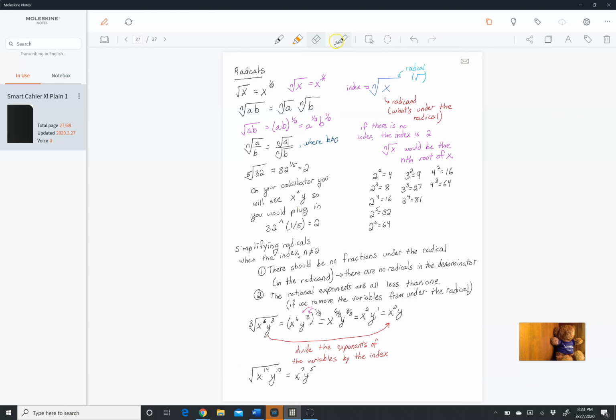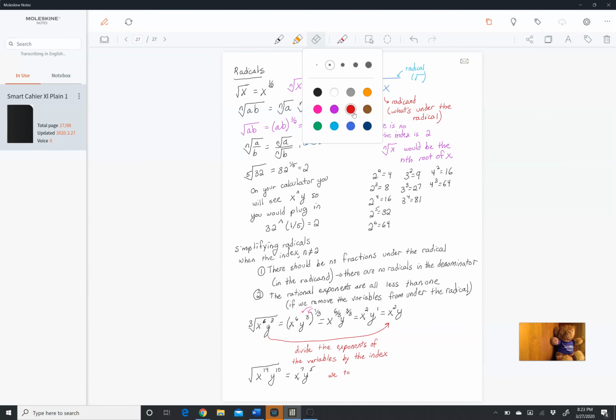Remember, if there is no index, the index is 2. So 14 over 2 is 7, and 10 over 2 is 5.